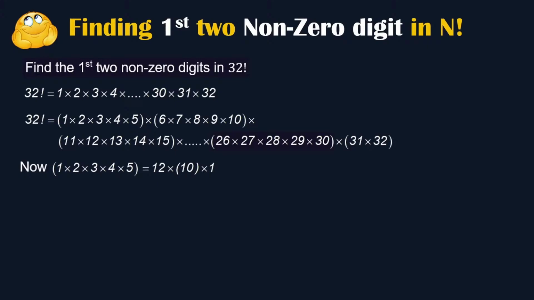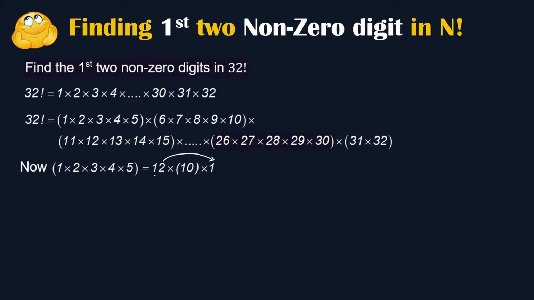Now while finding the first non-zero digit in factorial n, we considered only one digit of this 12. Can you remember? I said that you simply multiply 2 with 1 to get the first non-zero digit in factorial n, because in that case we need only one non-zero digit. But in this case we need 2 non-zero digits.